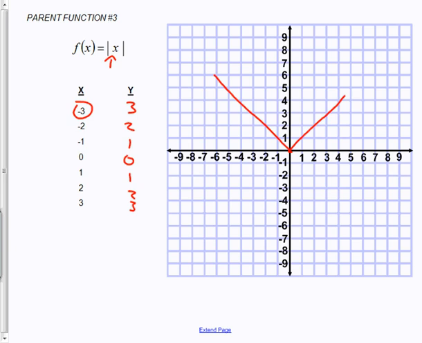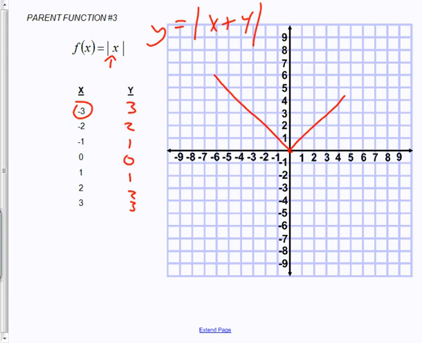Maybe you've got your mother's eyes, or maybe you've got your dad's body shape, or whatever it is. You're going to have some traits that look like your parents. And so along those same lines, if I have a graph like y equals absolute value of x plus 4, I know it's going to be kind of a V shape.